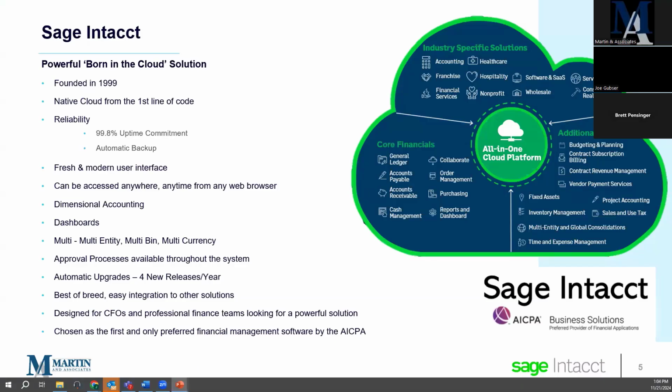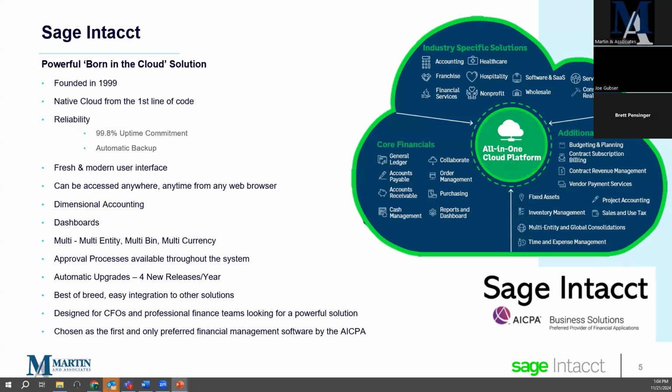Quickly about Sage Intacct. Sage Intacct is a quote unquote born in the cloud solution. Intacct was founded in 1999 and has been a native cloud product from the first line of code on. It's very reliable. It has a 99.8% uptime commitment, and they do automatic backups and all that for you.